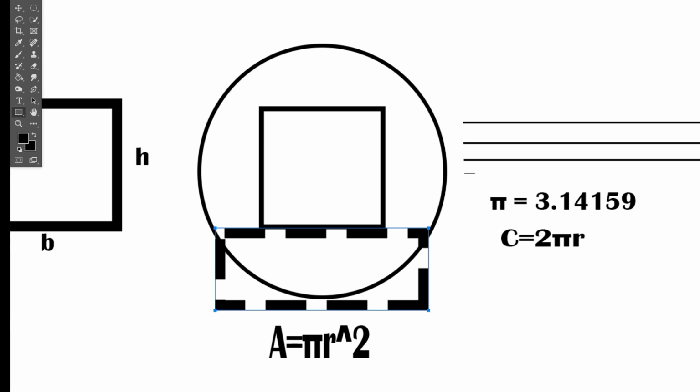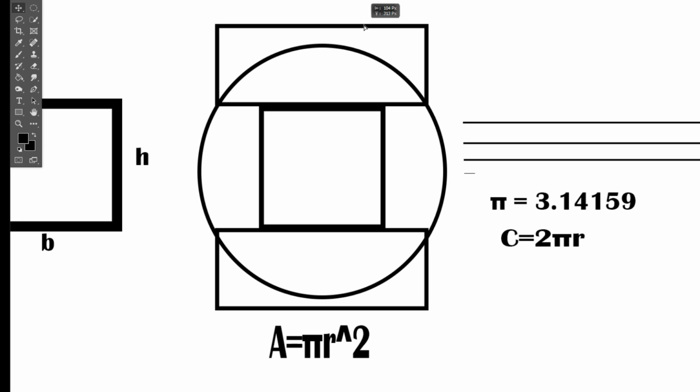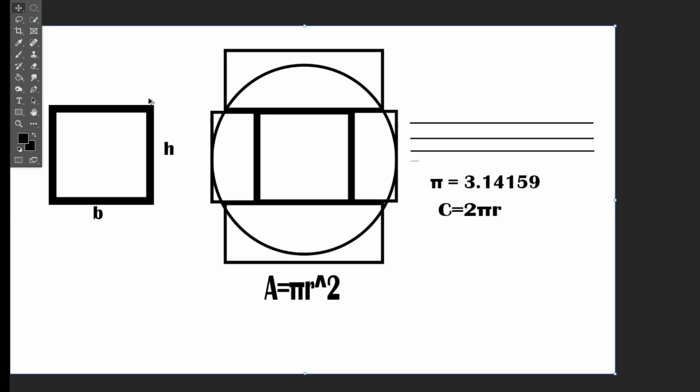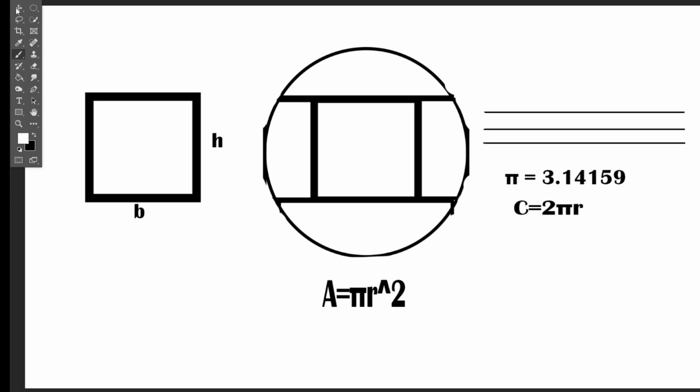Why does it keep doing these dotted lines? We got this. We got this. We got this. And we got this. Now, if we just go ahead and remove all of these square parts that are sticking out, we are left with this Pokemon ball looking thing.